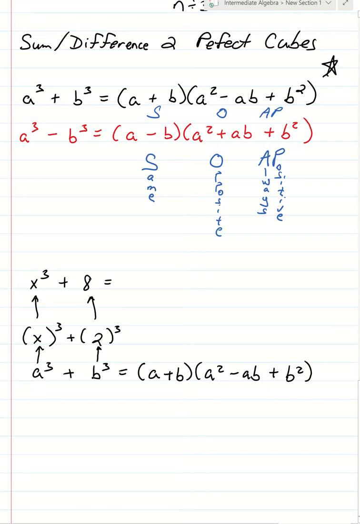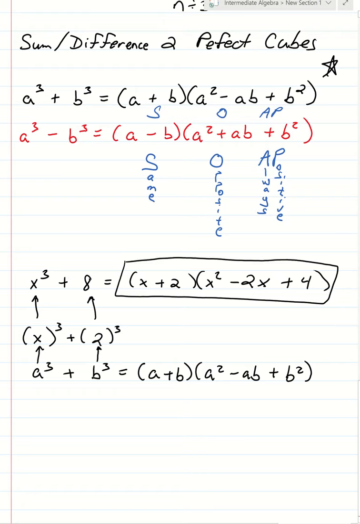So a plus b would now be x plus 2. Now I need to take a and square it. If a is x, and I square that, we get x squared. Minus, now I have to take a times b. If I take a times b, that would give me 2x. Plus, now I have to take b and square it. Well, 2 squared would be 4. And this would be the factored form of your polynomial.